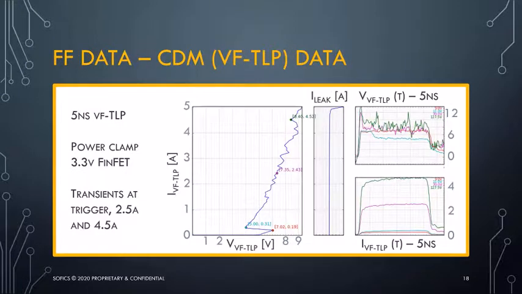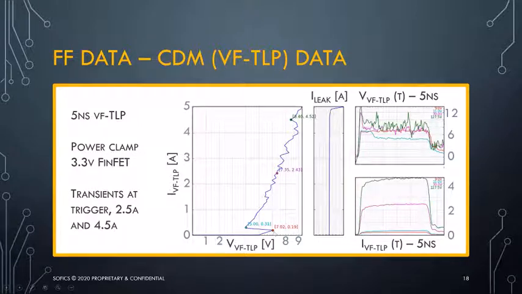What I'm showing you next is a little bit more detail. I'm going to FinFET data again, 5 nanosecond VFTLP. You see the classic curve as I've shown you before, but now I'm going to show you a little bit more data. Actually, I'm showing you the current transient versus time and the voltage transient versus time.